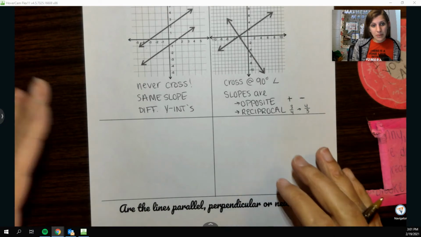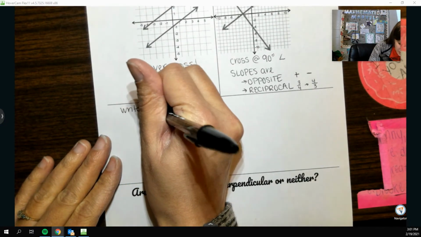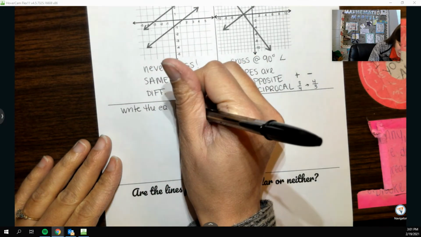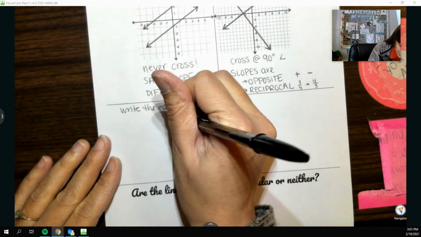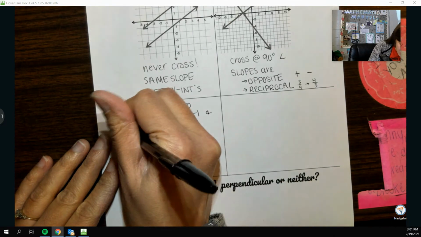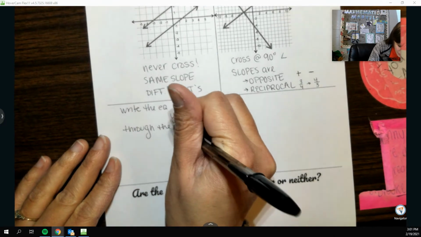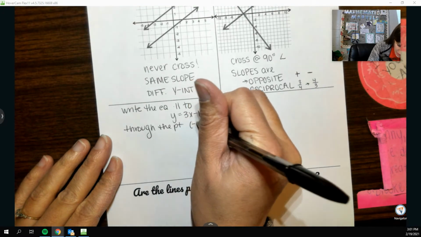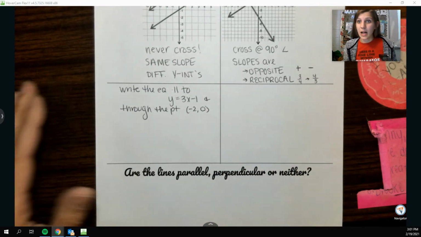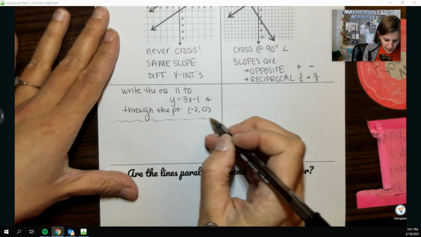Now, this was important because if they said, write the equation of a line parallel to y equals 3x minus 1 and through the point -2 comma 0, I would need to write a brand new equation.